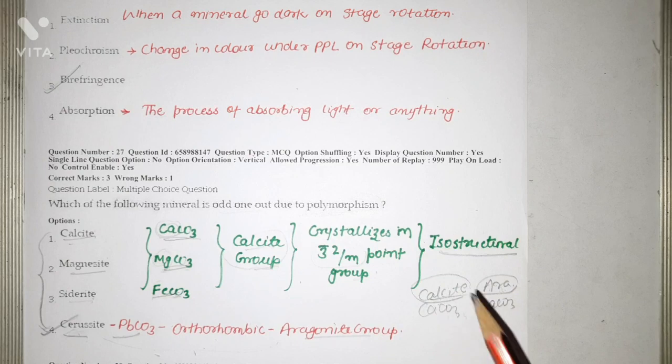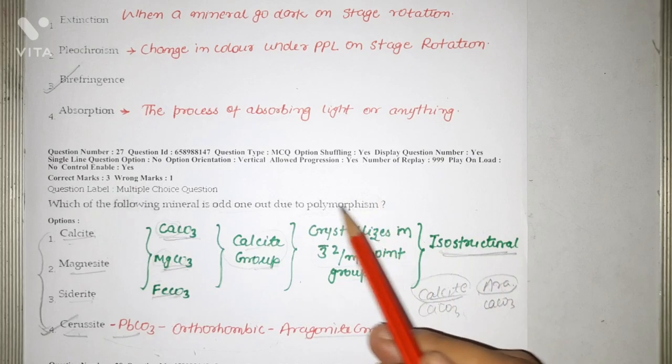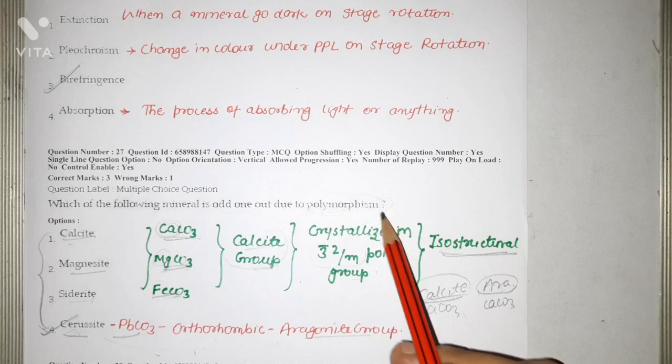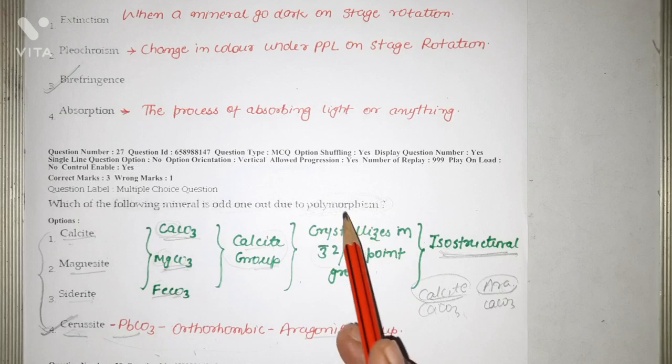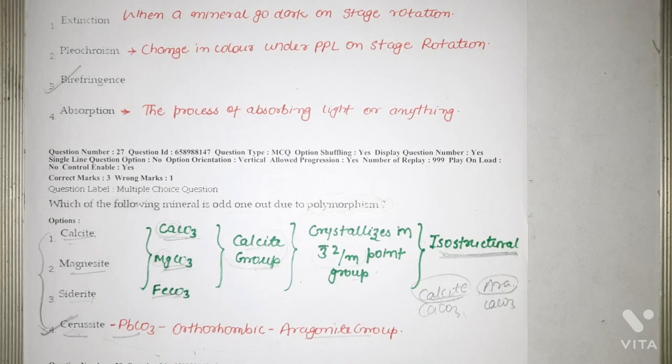So we can pick the odd one out on the basis of isostructuralism, but not with the help of polymorphism. So polymorphism is incorrect in this question. We can easily differentiate on the basis of isostructuralism and on the basis of grouping. So the correct answer of this question is cerussite, not on the basis of polymorphism, but because of isostructuralism and because of the group that these carbonates belong to.